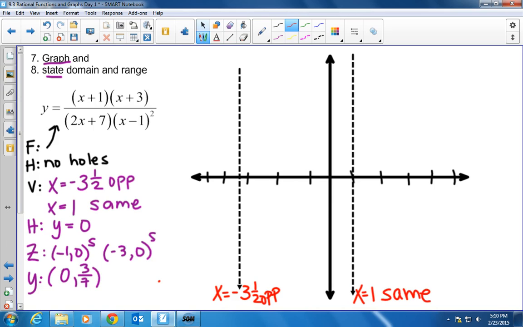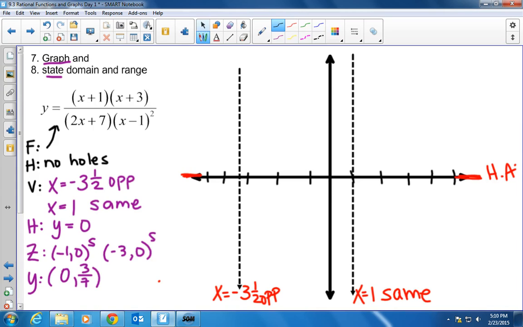The next thing that I'd like to show you is your horizontal asymptote. And remember, the horizontal asymptote is really just the x-axis. So usually we just bold this out and label it horizontal asymptote because you want to get full credit for graphing your rational functions.